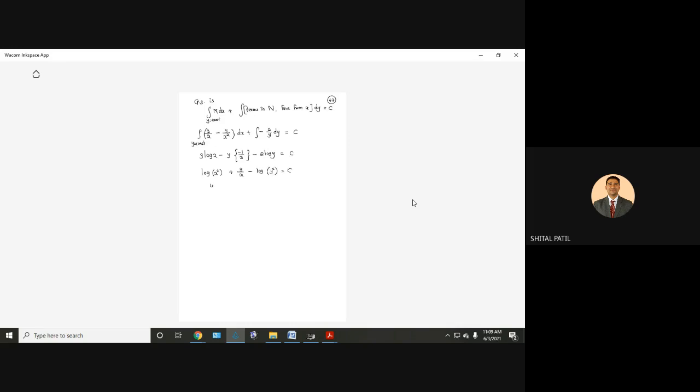Let me write the log terms together. x cubed, na? In fact, I can modify this answer. Okay, how? Like this.